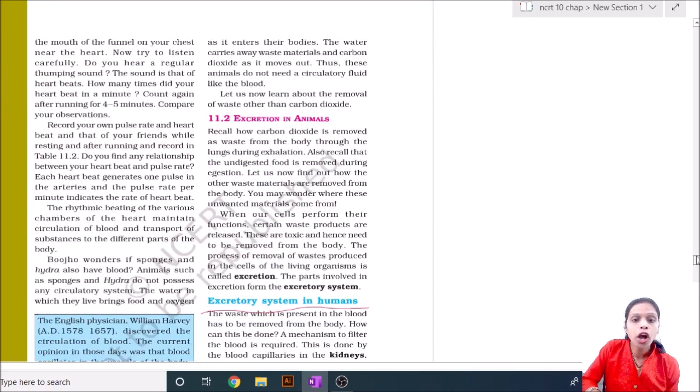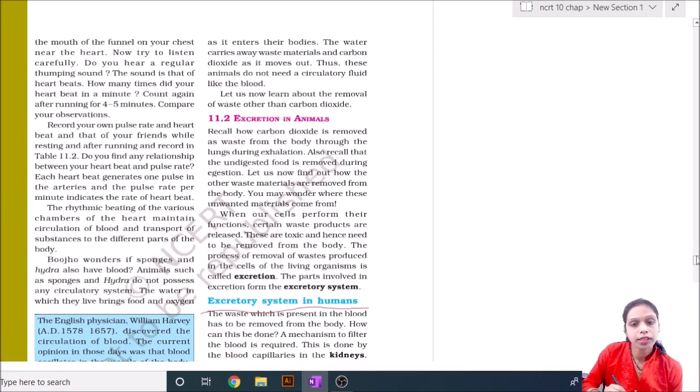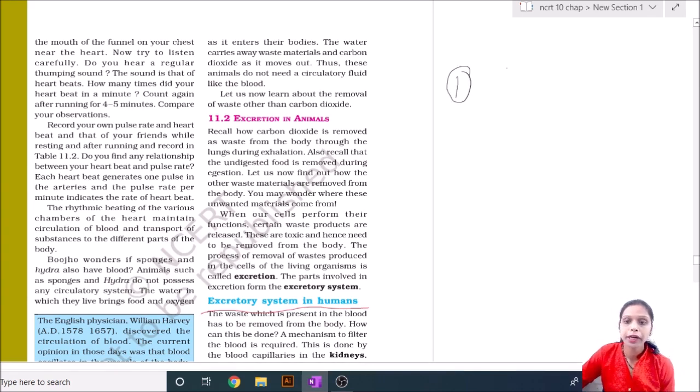Now we have understood how the circulatory system works in our body. There are three parts of the circulatory system we have studied here. First is blood, which is the medium of transporting and circulating food components and oxygen throughout our body, and ultimately it goes into the cell.